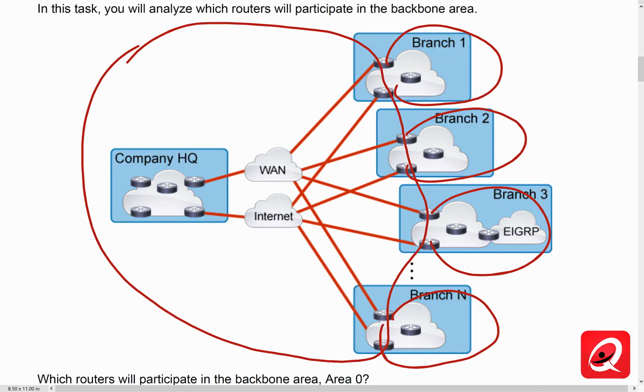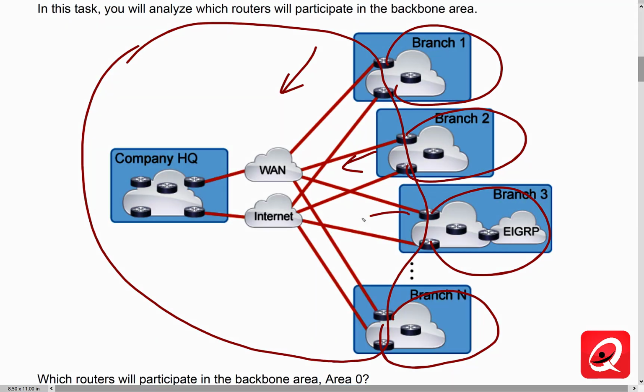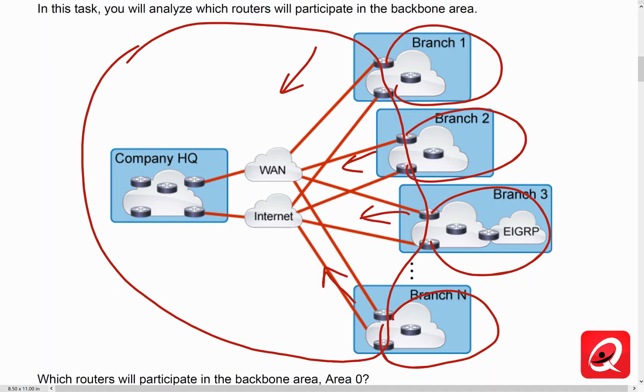That would make each of those branch routers ABRs, and we could apply the summarization and summarize into the backbone from those branch locations based on that design.